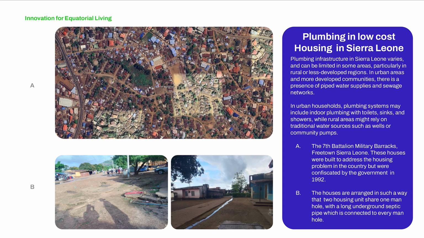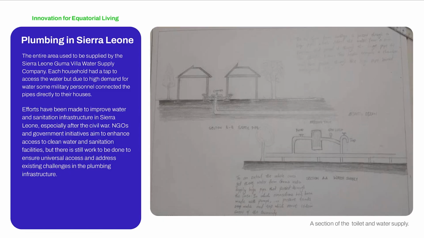So for the plumbing system in the Lakka housing, they have a system wherein two houses connect to one chamber, and they have a long pipe underneath the ground to which all the chambers are connected, which carries the waste. This is how the plumbing system is organized in the Lakka housing.